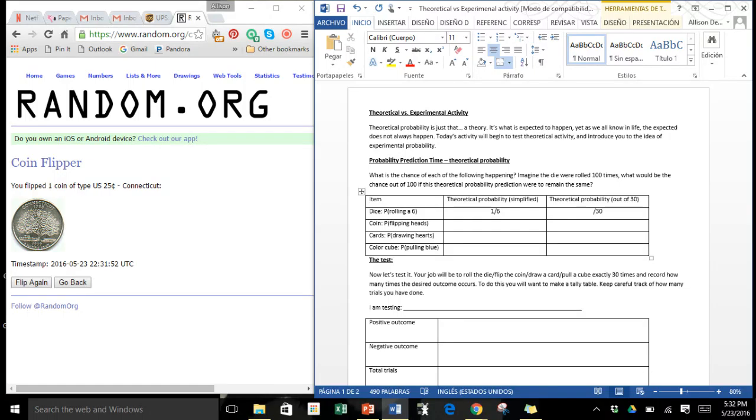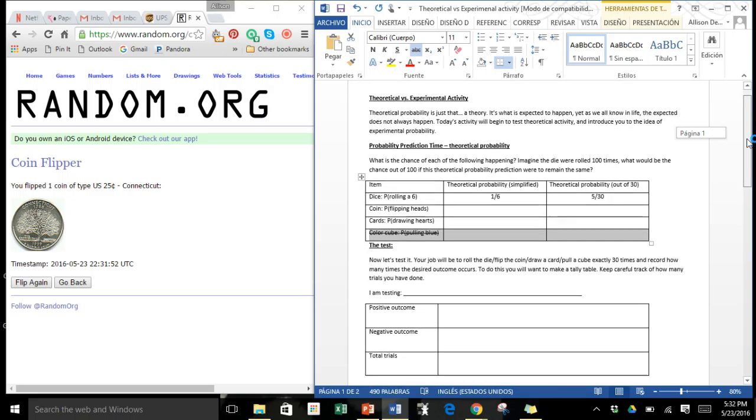So I need to multiply the top by 5. So the theoretical probability would be 5 out of 30. So go ahead and fill out the other two. You're not going to be able to do this one, though, because you are not using the colored cubes.